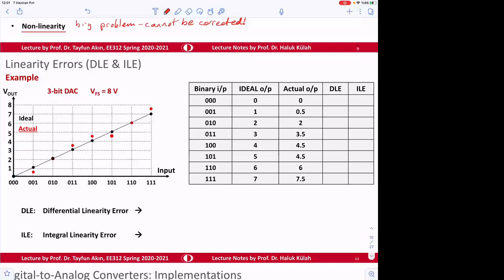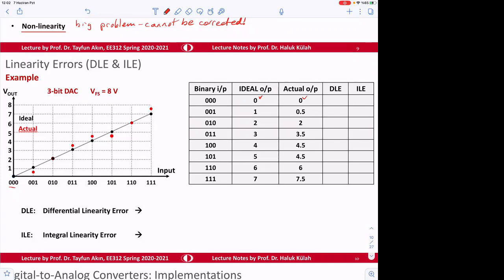Some example is given here. If the signal is 0, 0 as the input binary, and the output is nicely measured as 0 volt, the actual voltage is 0. That's supposed to be 0. So there is no error here.